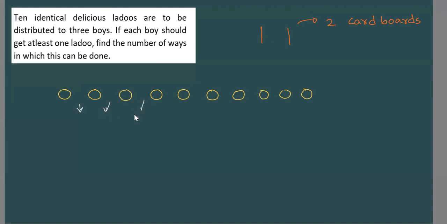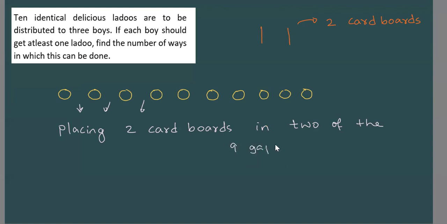So placing these 2 cardboards in 2 of the 9 gaps, I will be able to distribute them to 3 boys, right?